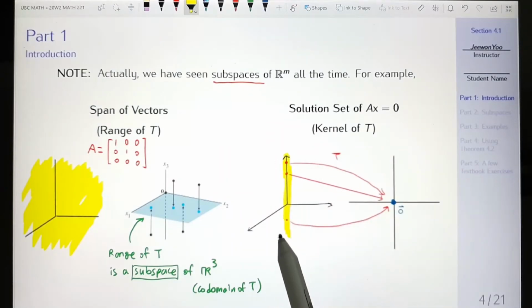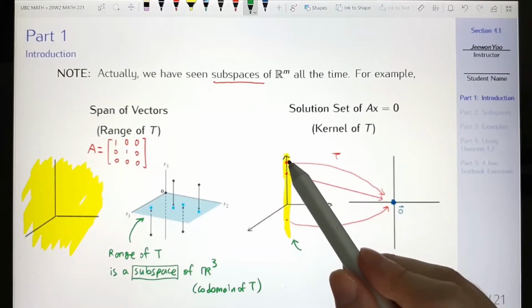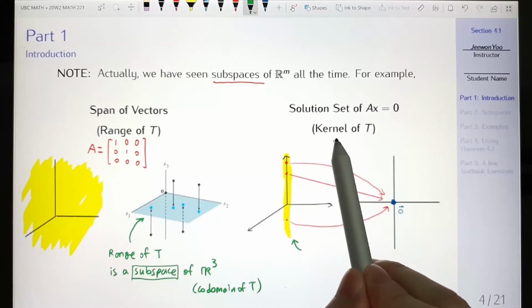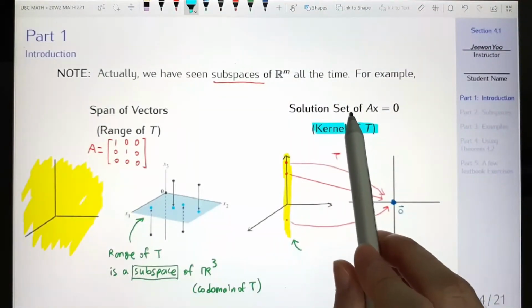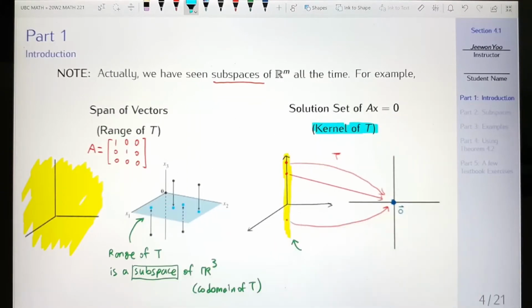This line in the domain is also a subspace of the domain, which means R3 again. This kind of subspace in the domain has a special name. It's called the kernel of T. Basically, the solution set of AX equal to 0 for Math 221.